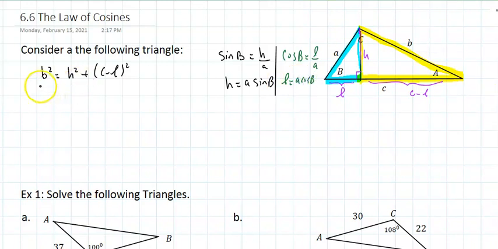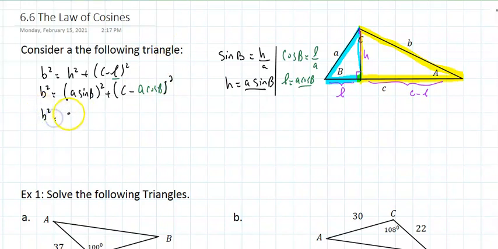So if I fill in the blanks, B squared is fine. In place of H squared, I'm going to use A, the sine of angle beta, plus C minus, and instead of L, I'm going to use A, the cosine of beta, squared. And this would be B squared equals A squared, the sine squared of beta, plus C squared minus twice AC, the cosine of beta, plus A squared, the cosine squared of beta.